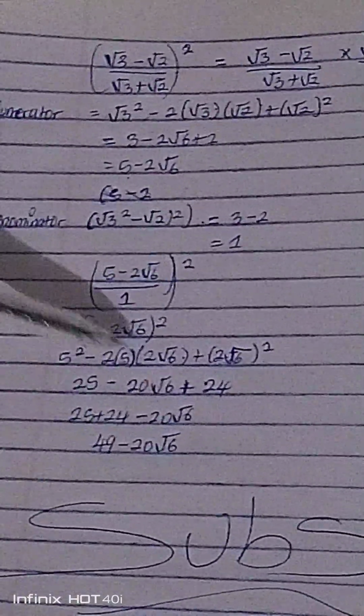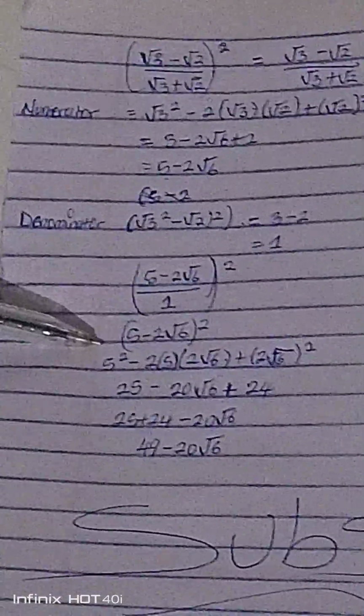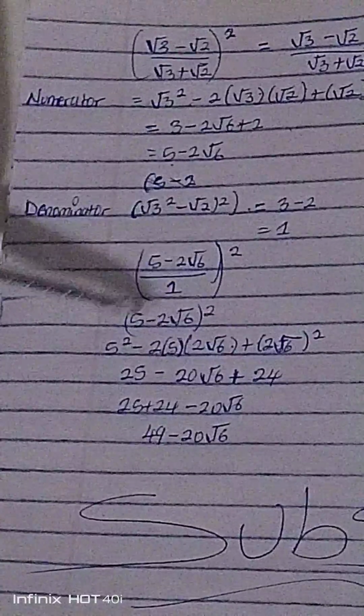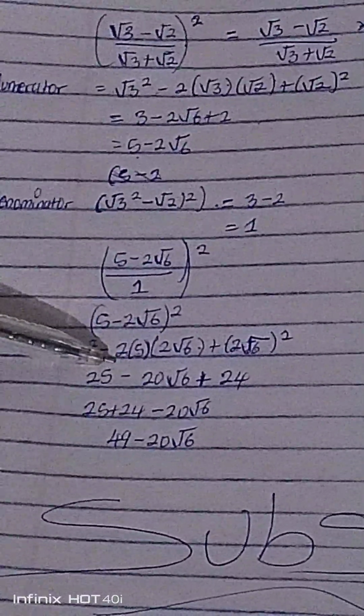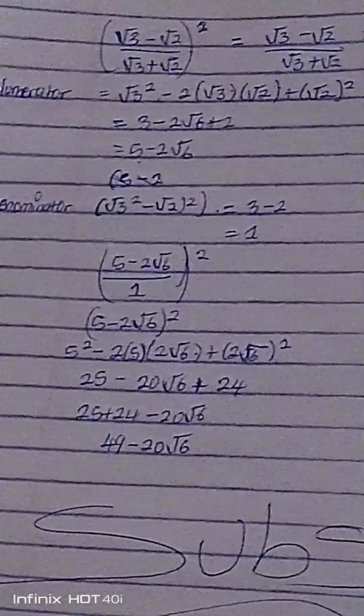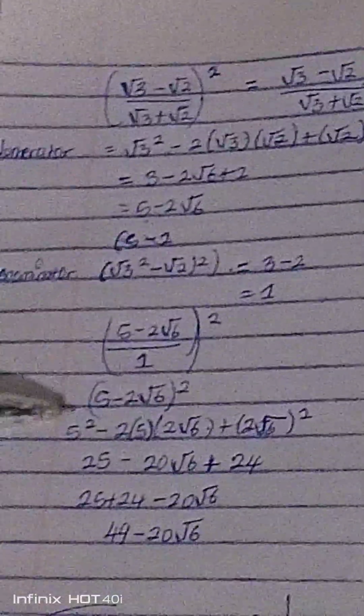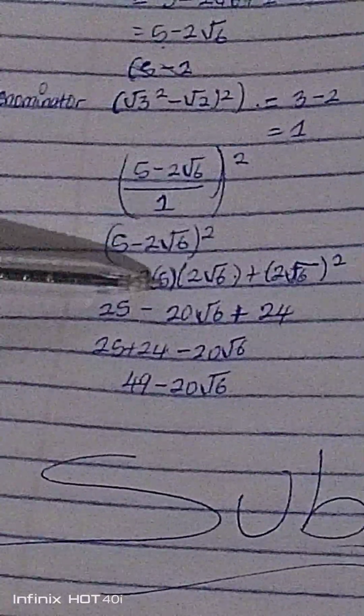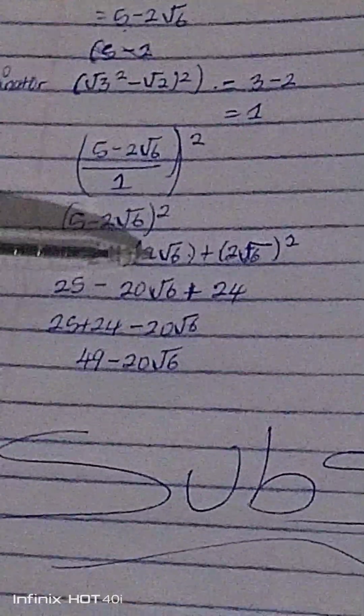Now, we are going to apply the square to everything inside the brackets. We are going to apply that same formula we used in the first place. We are going to have 5 squared minus 2 times 5 times 2 root 6, plus 2 root 6 squared. Why?